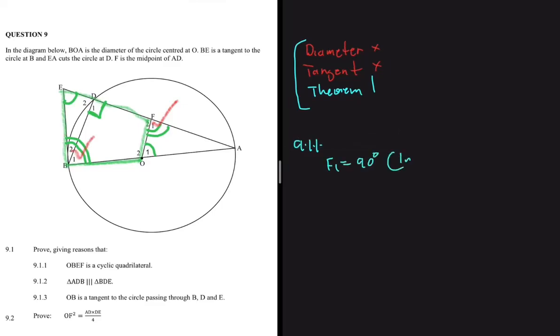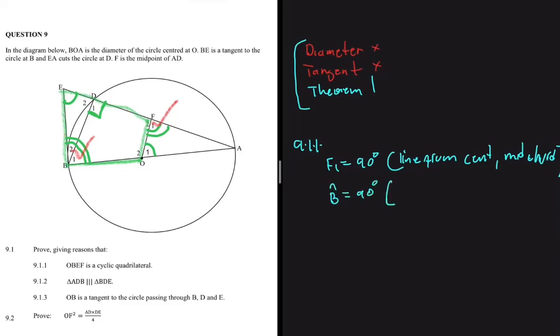We have a line from the center to the midpoint of a chord, so that angle there should be 90 degrees. But then we need the entire of angle B to also be equal to 90 degrees, and then we will have proved that OBEF is a cyclic quadrilateral. And indeed, we can say that our angle B is equal to 90 degrees.